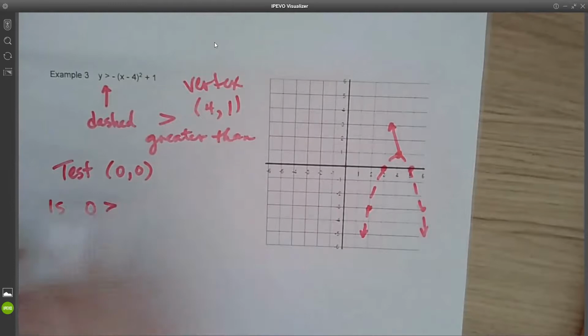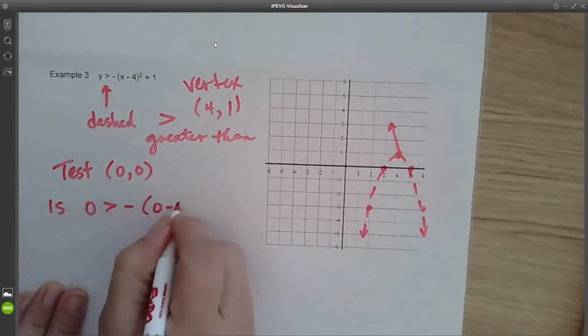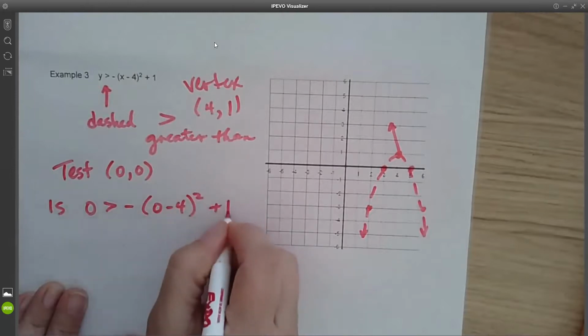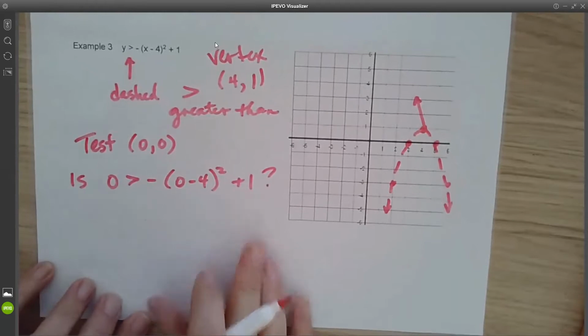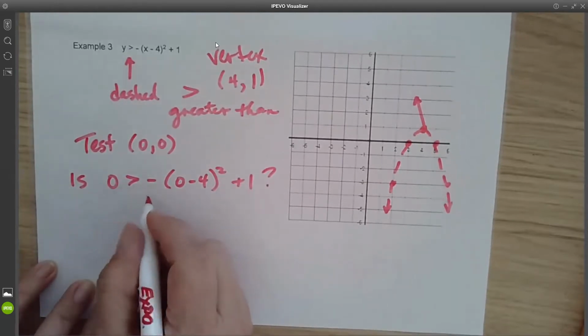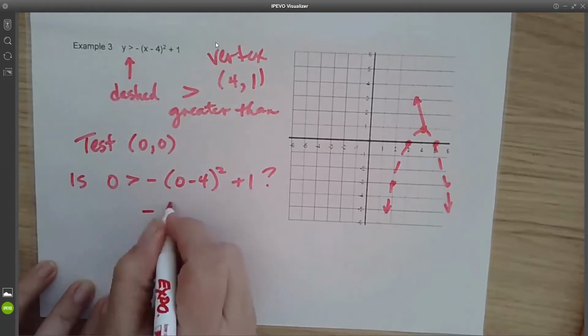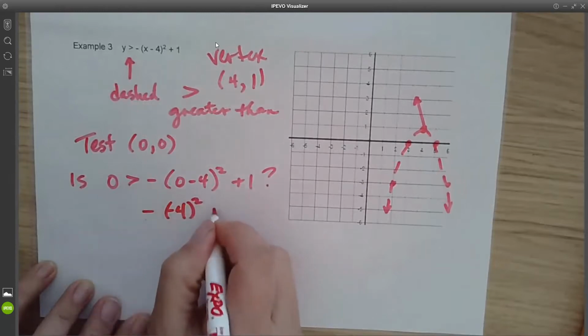So I just plug in for x and y. Is 0 greater than negative (0 minus 4) squared plus 1? That's my question. Is 0 greater than negative 4 squared plus 1?